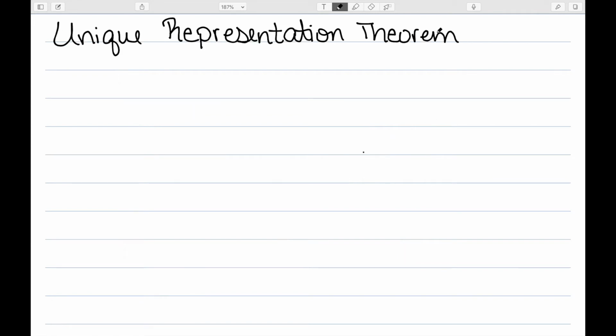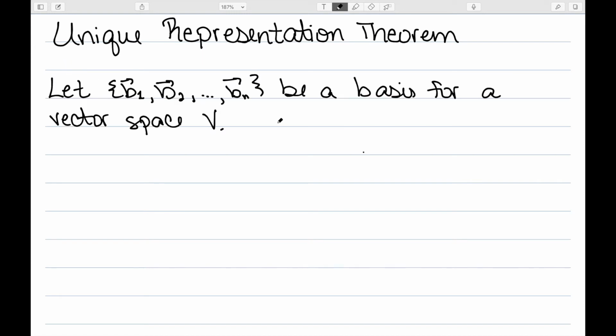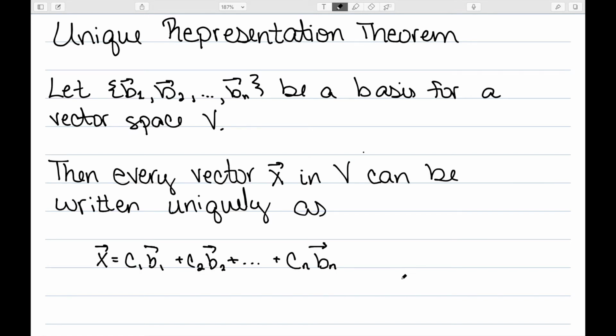I'm going to start with the idea of the unique representation theorem. Let's suppose I have a basis for my vector space V given by b1 through bn. Then we know that every vector x in my vector space V can be written uniquely as a linear combination. So I have c1 b1 plus c2 b2 all the way up to cn bn.